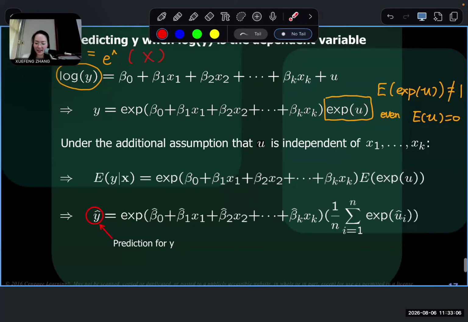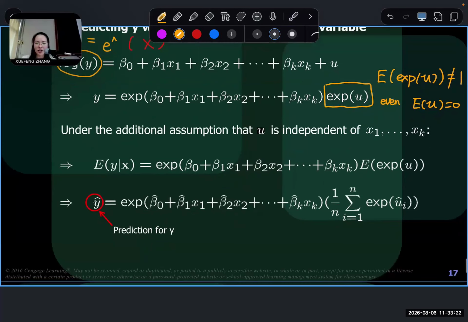In fact, this always underestimates the true value, okay? So here we need Jensen's inequality. Have you heard this before, Jensen's inequality? Because the exponential function curves upward, the average of exponential of mu is always bigger than the exponential of the average of mu.